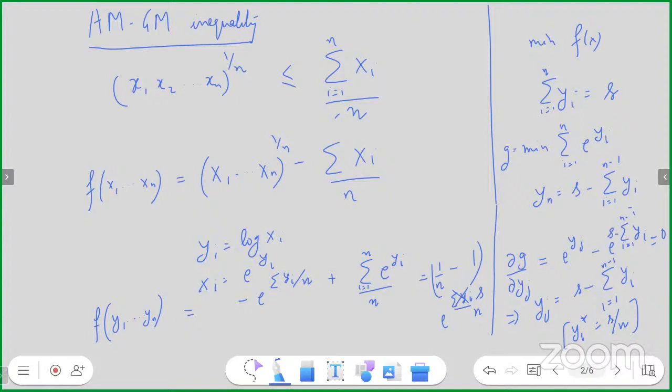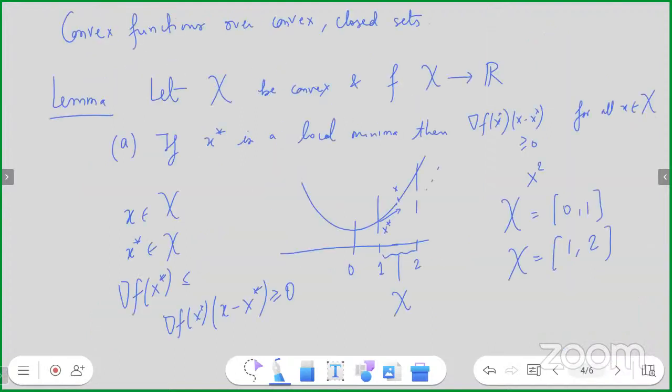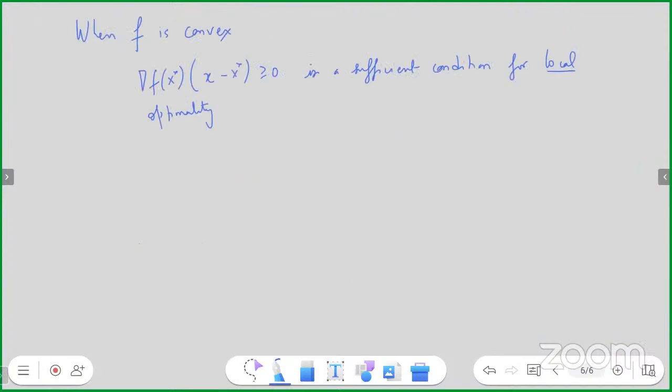So solve this problem by evaluating the sufficient condition. Minimize the sum of e to the yi.